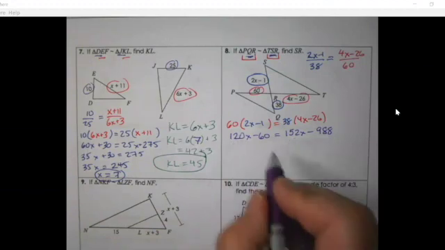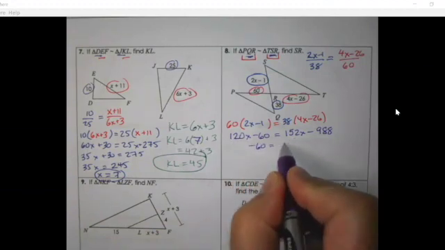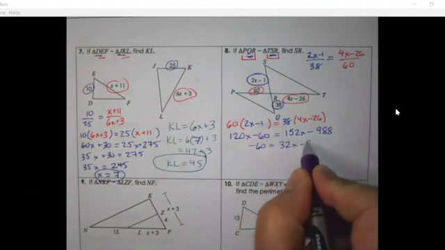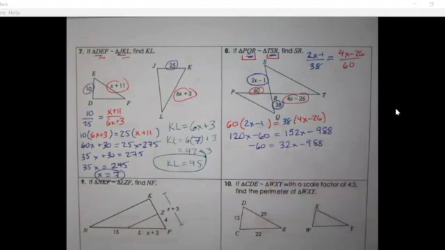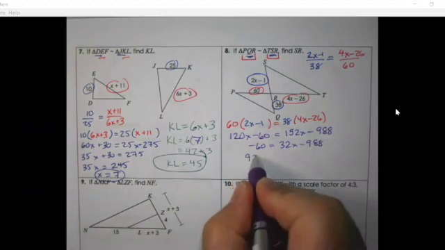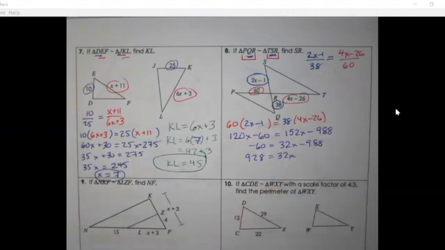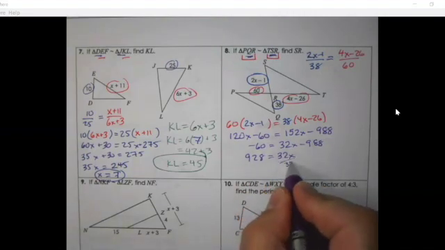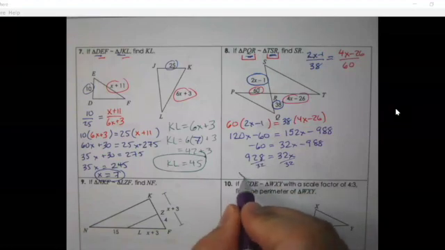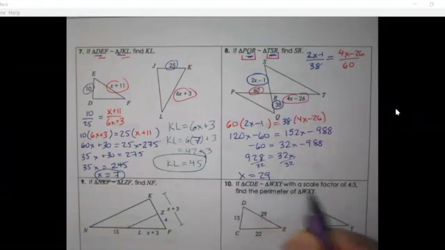I'll subtract 120x from both sides. Negative 60 equals 32x minus 988. Add 988 to both sides, and I end up with 928 equals 32x. Divide by 32, and I get x equals 29.